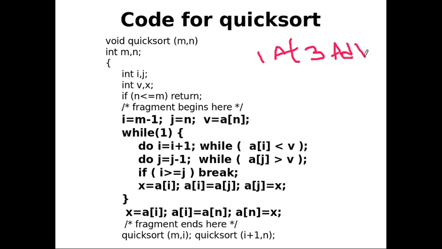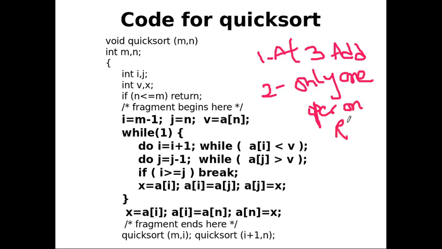That is the first constraint. And second constraint: it allows only one operation on the right hand side. Be careful here, particularly I am saying only the right hand side. By using these two constraints, we are going to write the 3 address code for this highlighted part.